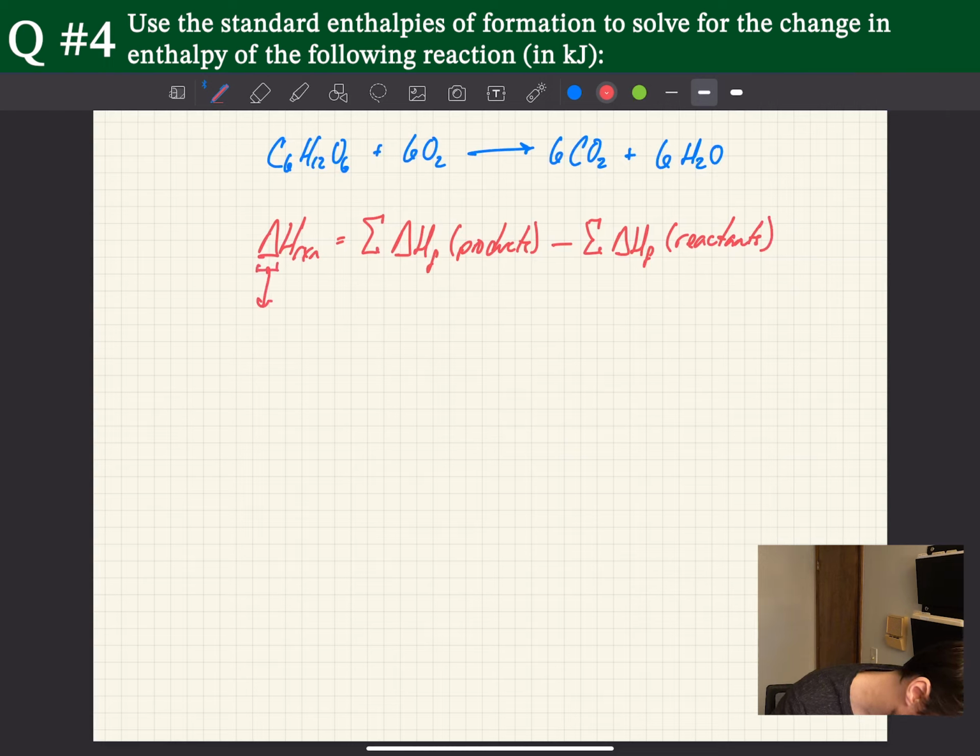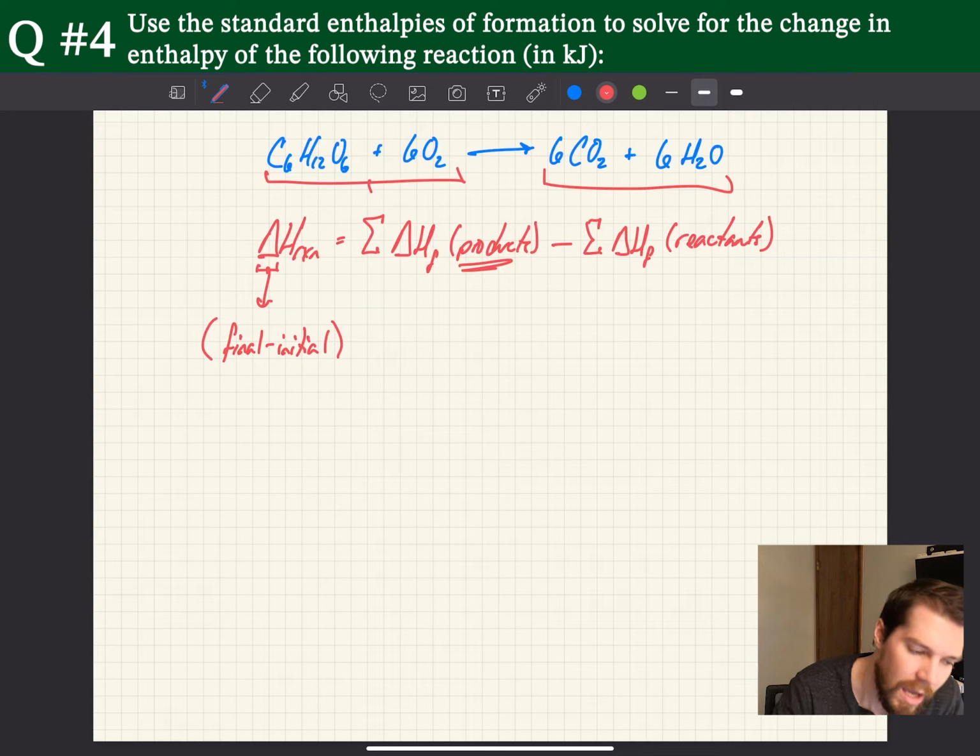Delta, that symbol right there, is final minus initial. Well, what's our final state? Our final state is the products. Our initial state is the reactants.